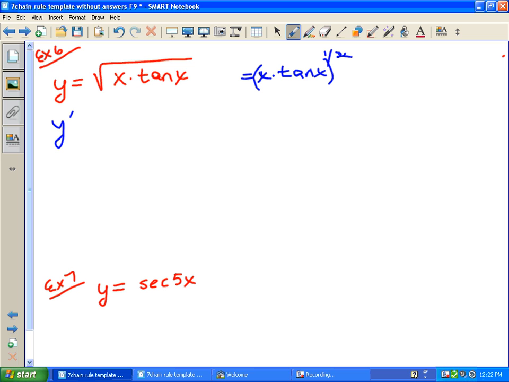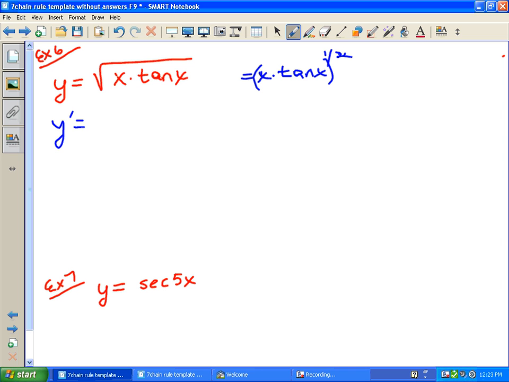Again, try it yourself first and then come back and check my answer. So the outside function is the 1/2 power function. The inside function is the x times tangent x function. When it is time to differentiate everything, to differentiate the inside, we will need to use which rule? The product rule, right? To differentiate x times tangent x, we will need that.